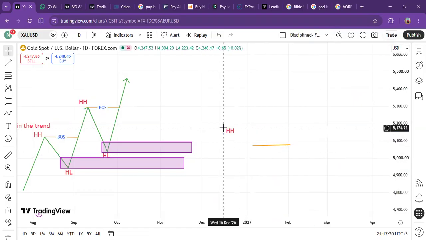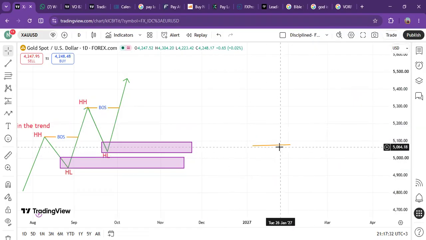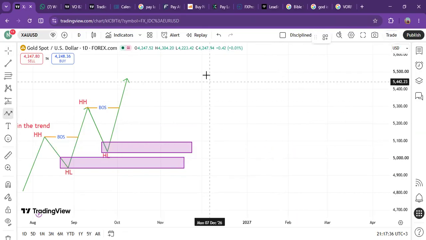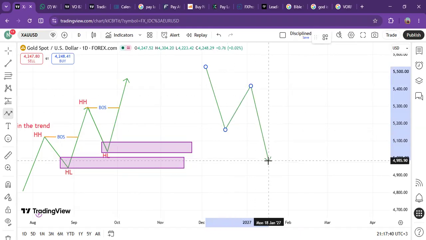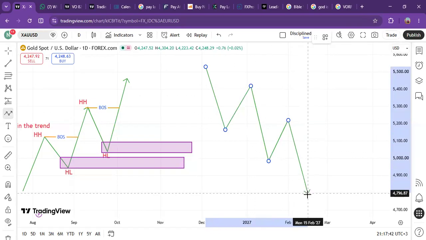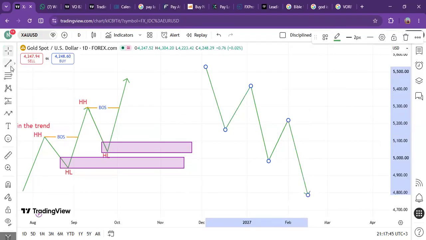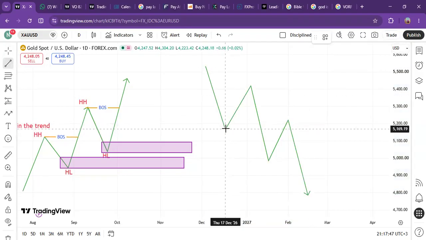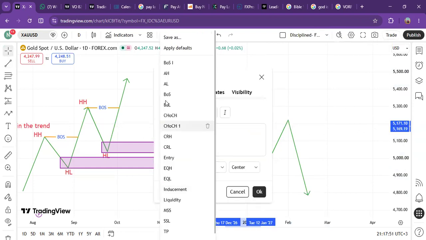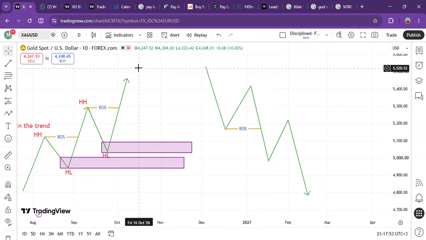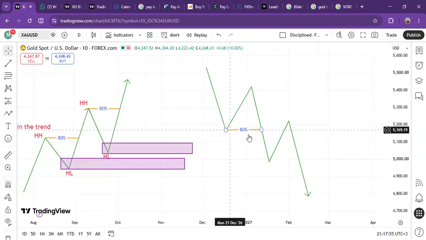So also, when you're on a clear downtrend, the same thing is true. Okay, so on a clear downtrend, you expect the market to behave in the same way, whereby you expect the market to break the lower lows. So that's the point where you're going to have the break of structure.